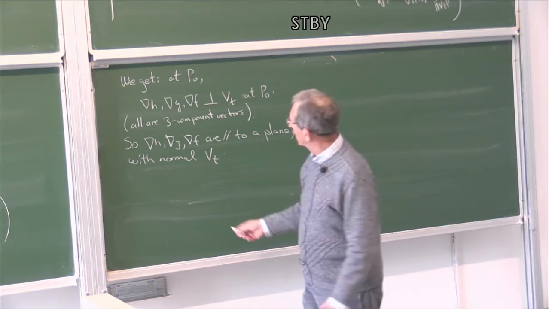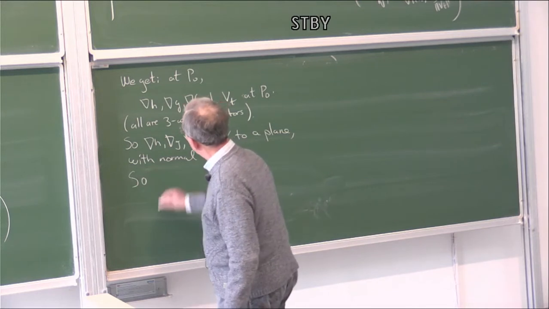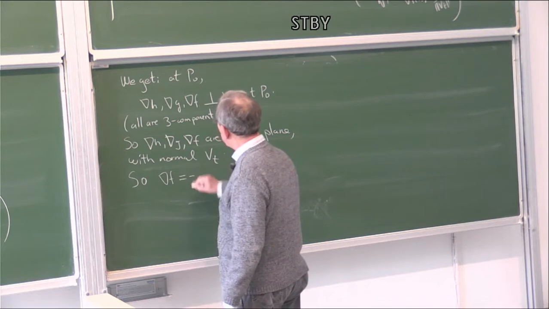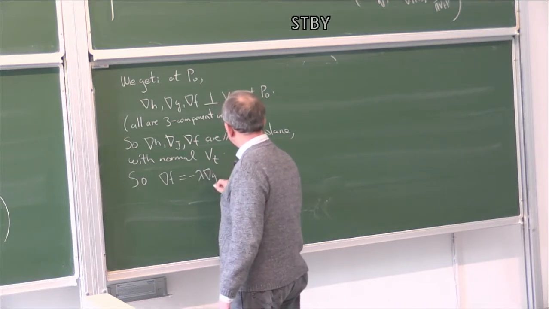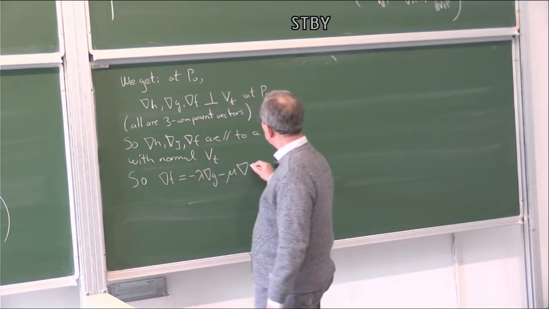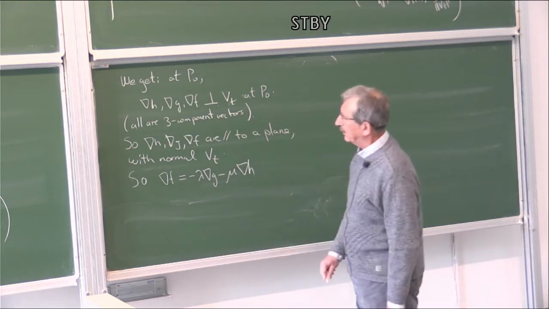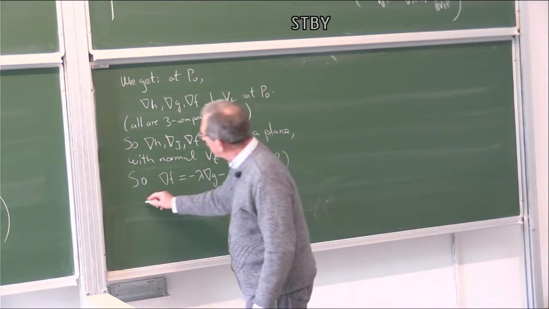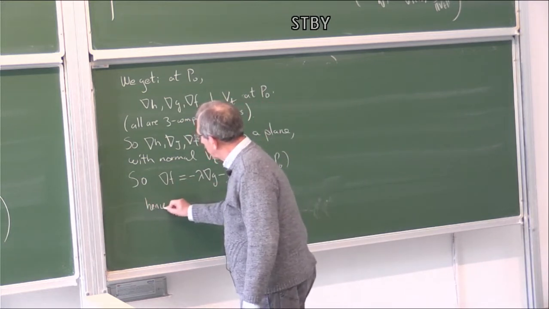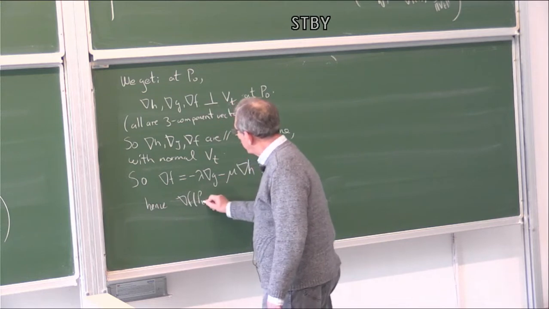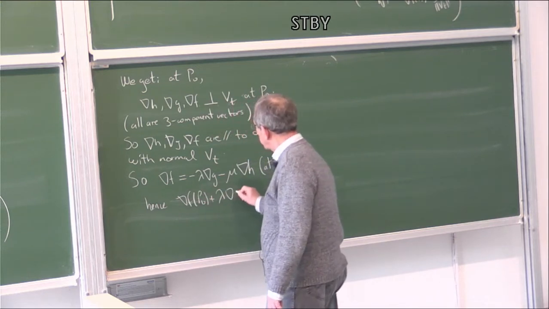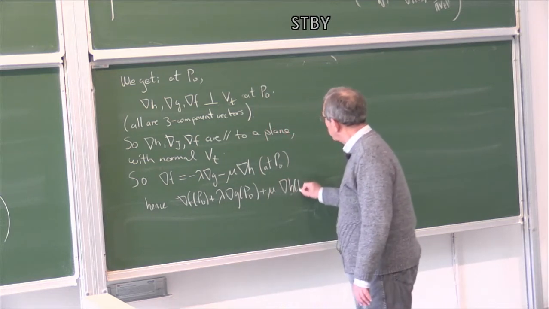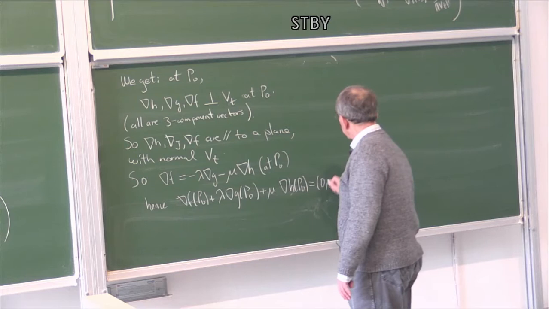So gradient F is, I will use minus lambda gradient G minus mu gradient H at P0, of course, all the time. That means that gradient F at P0 plus lambda gradient G at P0 plus mu gradient H at P0 is 0, 0, 0.